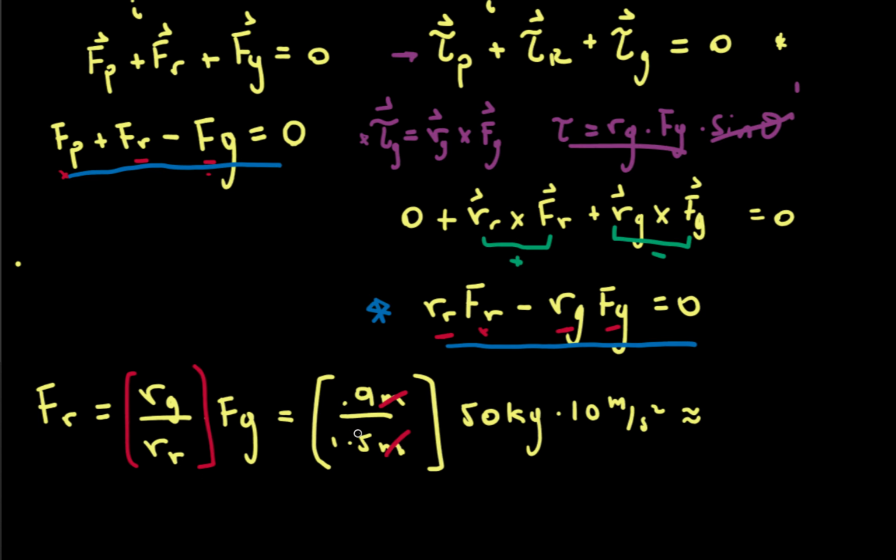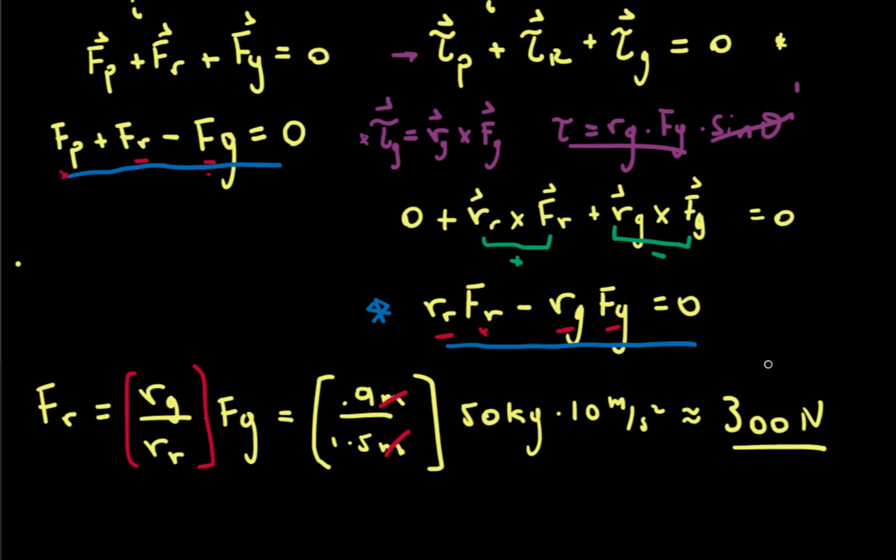So this is 0.9 divided by 1.5, multiplied by 50 kilograms times 10 meters per second squared. A kilogram meter per second squared is a Newton, so everything checks out. So this will turn out to be 300 Newtons.